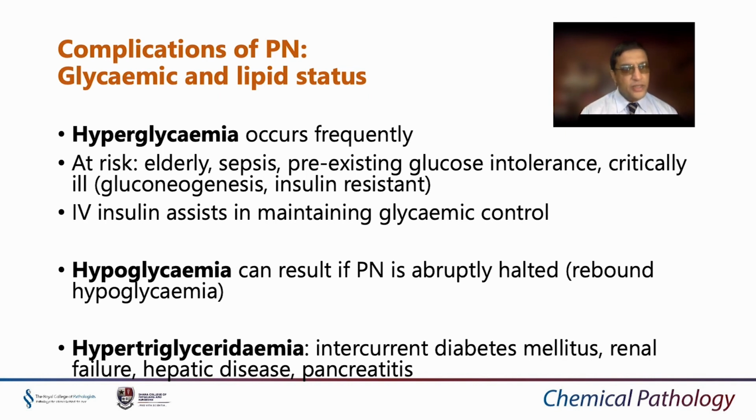IV insulin is quite important in controlling and normalizing the glycemic status. Hypoglycemia, on the other hand, can result if parenteral nutrition is abruptly halted and a rebound hypoglycemia results. Hypertriglyceridemia is observed in intercurrent diabetes mellitus, hepatic disease, and pancreatitis, and this needs to be appropriately identified and treated.